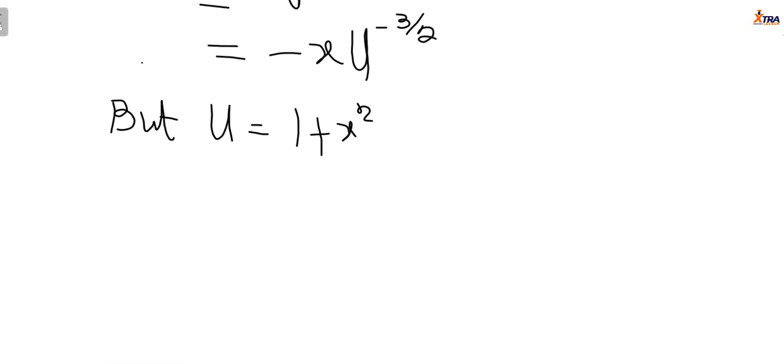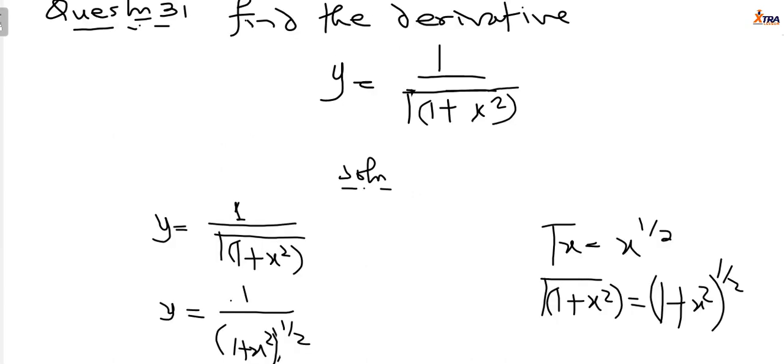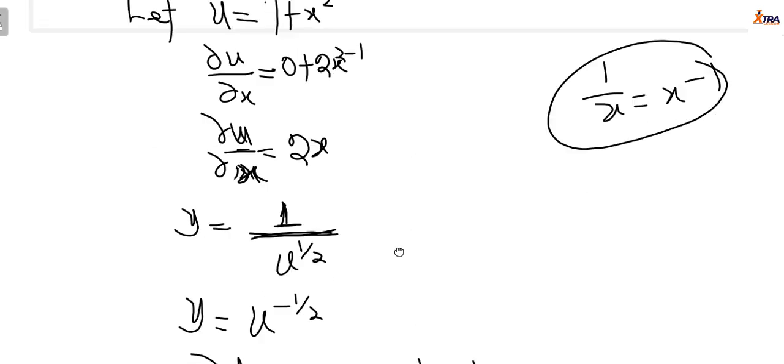So we have dy over dx equals minus x, and u is now 1 plus x squared, raised to power what?